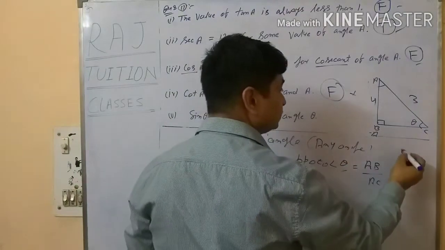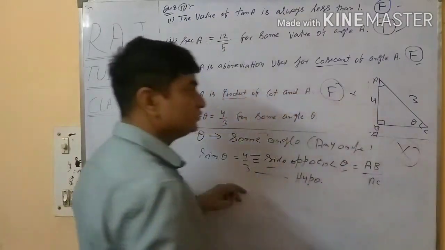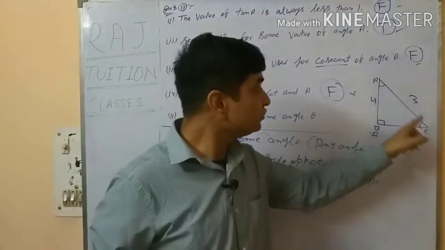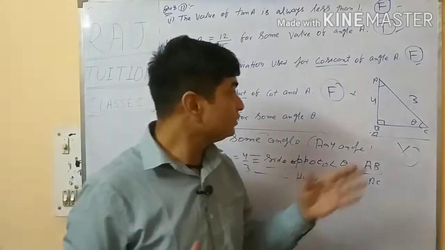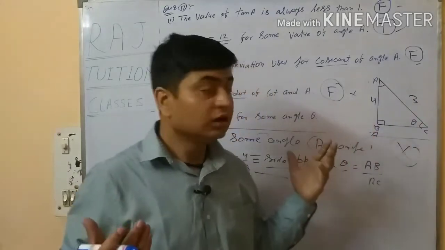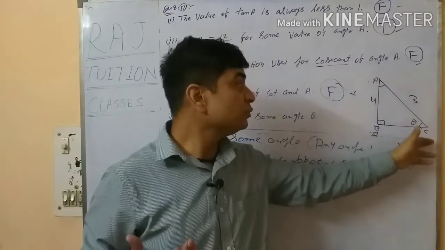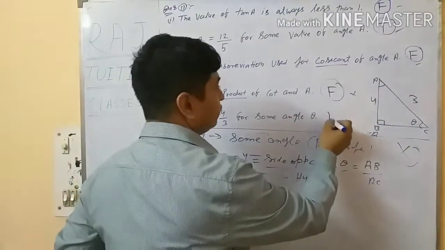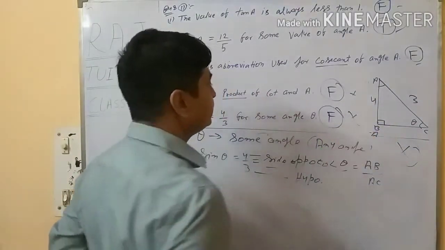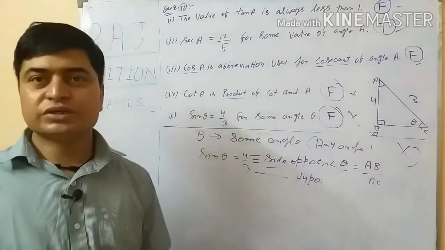Is it possible? No, never, because the hypotenuse is always the largest side, the longest side of a right angle triangle. So it's not true, it's false. It never can happen. This was the conceptual question.